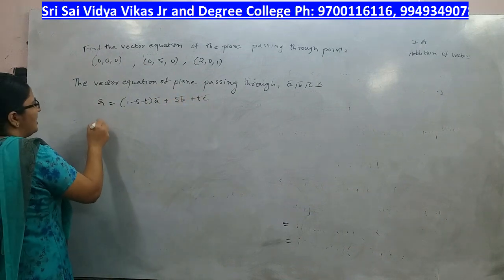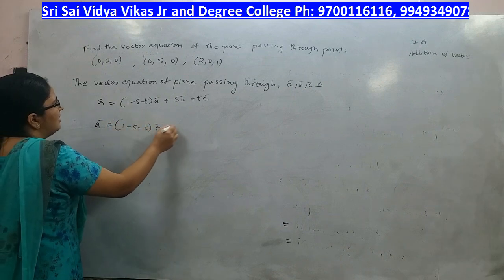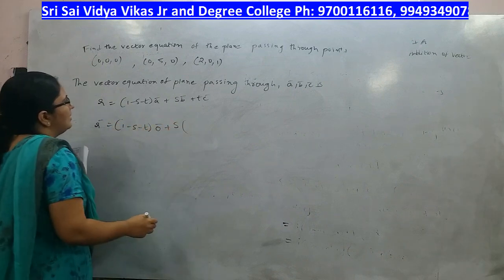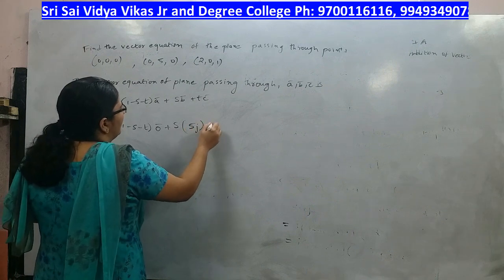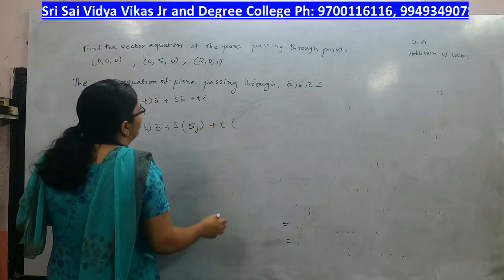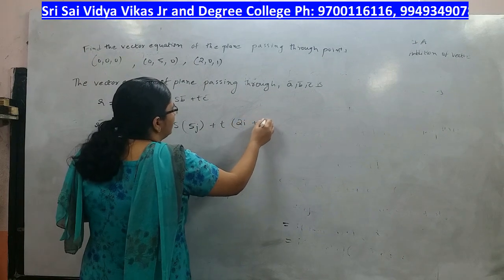So that is R bar is equal to (1 minus S minus T) 0 bar plus S into 5j plus T into 2i plus k.